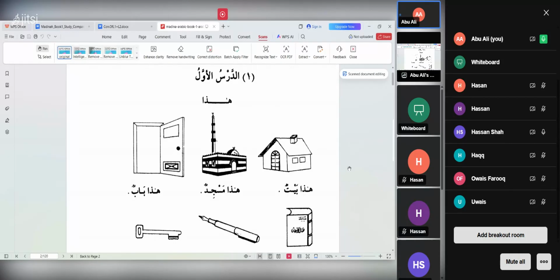Because if you know subject is a mubtada, you would know that what begins the sentence is the mubtada, because we said that mubtada means something that is begun with. Correct, brother? هذا is a mubtada. Is the mubtada usually definite or indefinite? It is definite. أحسنت. Okay, continue.